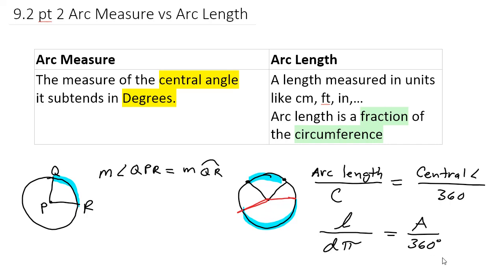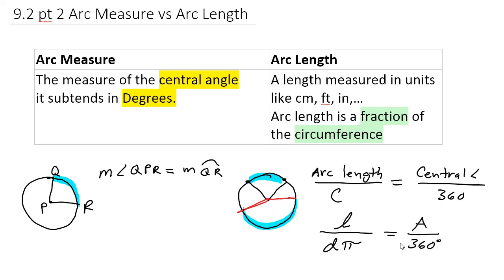So notice that we have a few different variables. The 360 is going to be a constant all the time. Now I need to know what the central angle is, I need to know the length of the arc, and I need to know the diameter of the circle in order to say that this proportion is true.